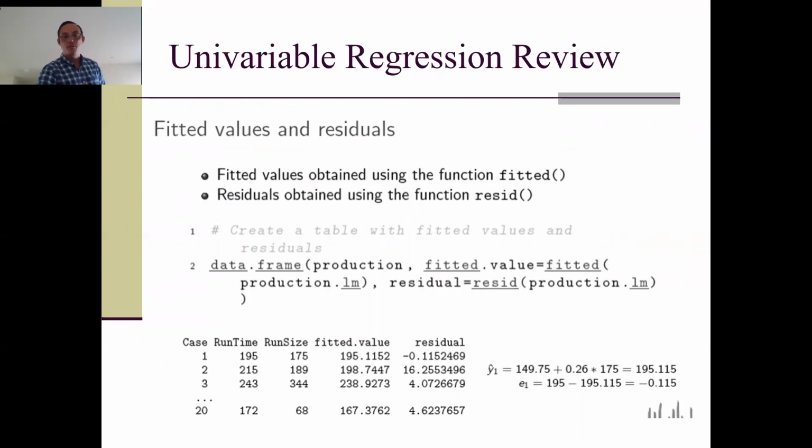So then in review, we can get fitted values and residual values for a linear regression so that we can address how likely this relationship is to actually occur and how much of the variance we can explain.